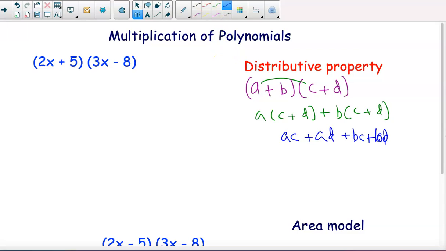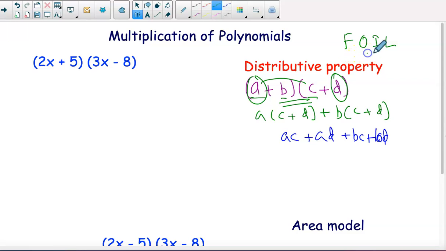We can also say first with first, and the first multiplies with the second. First, that is ac, first and the second, ad. Now the second with the first, bc, and then second with second, bd. We can also call that the FOIL method: the first terms, then the outer terms, then the inner terms, and the last terms.